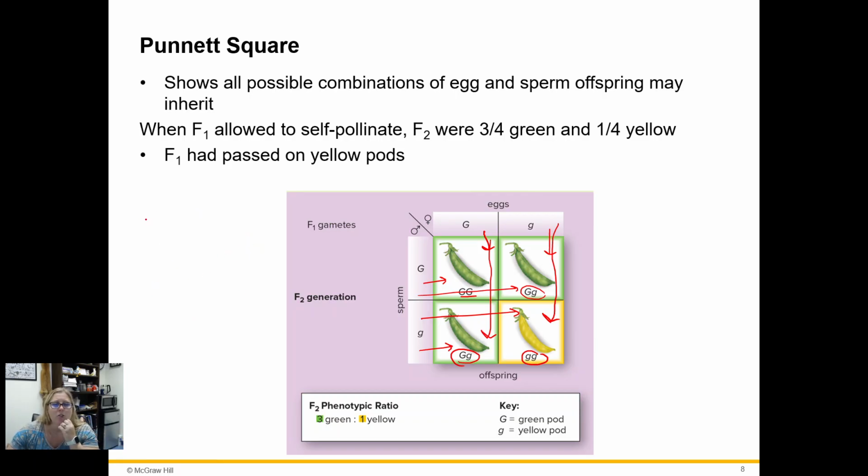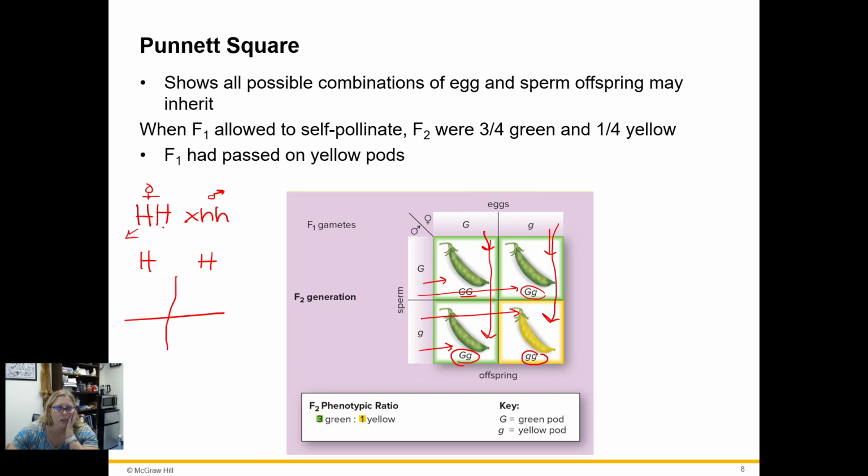So if I cross an individual who is homozygous dominant for whatever trait and homozygous recessive, okay, if I say that this is the female and this individual is the male, so my dominant individual is my female, my recessive individual is the male, I would set up my Punnett square in such a way that I would have one dominant allele able to be donated, right?